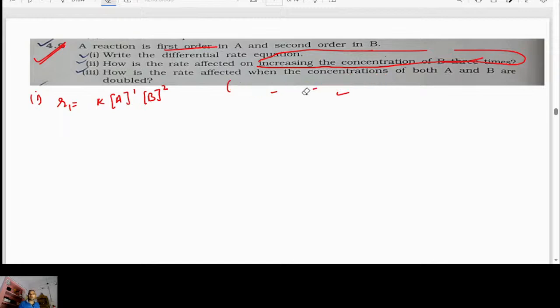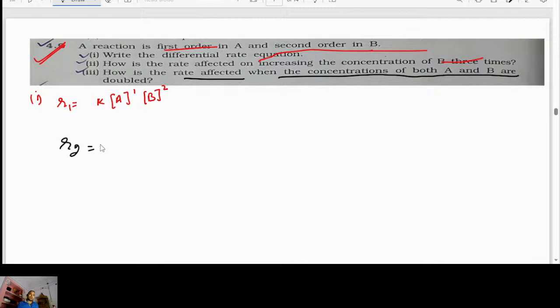In the third case they are saying, how is the rate affected when the concentration of both A and B are doubled? So R2 is equal to k, 2A power 1, because with respect to A it is first order, and 2B squared. So this is the 1 and this is the 2.